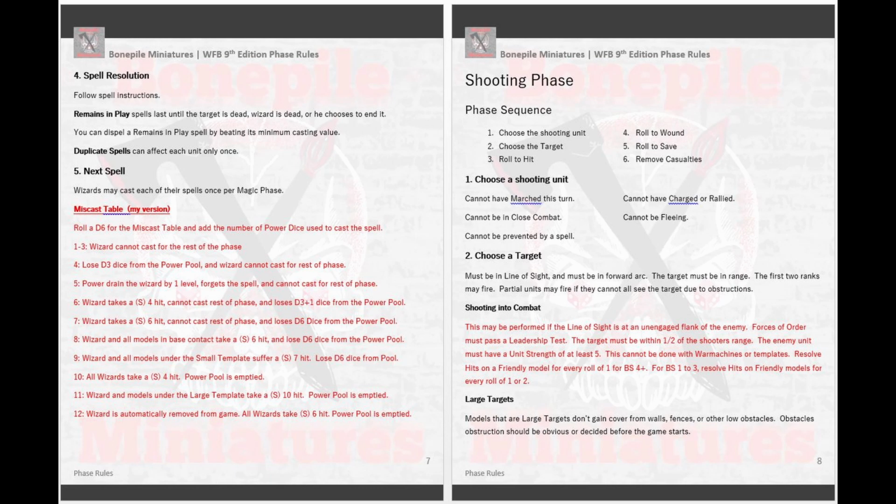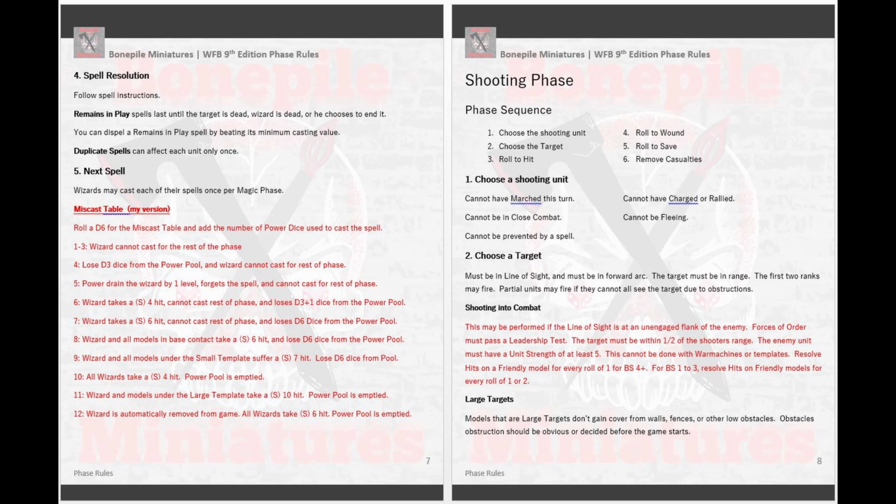Now the Warhammer Armies Project version says that this can only be done if the shooters are within 4 inches of the unit. But I thought that makes the rule almost pointless, since if I'm already within 4 inches, I'm most likely going to just charge. So we decided to extend the range for this rule out to 1/2 of the shooter's range.